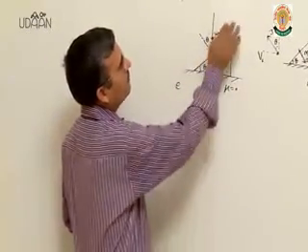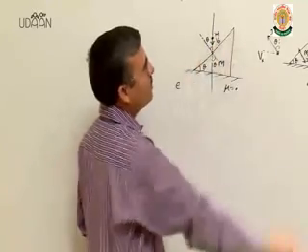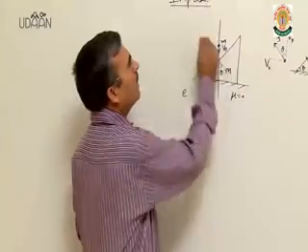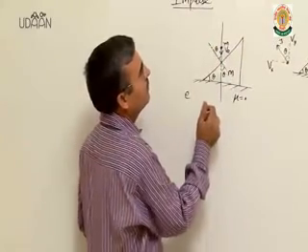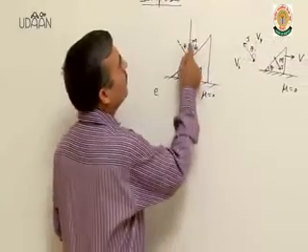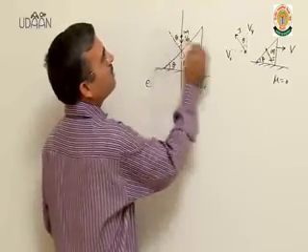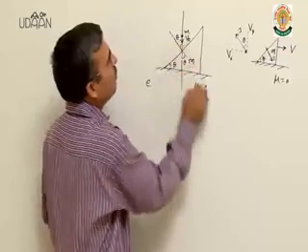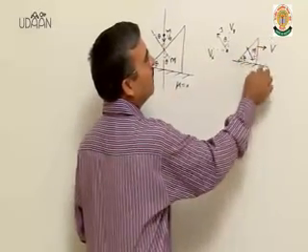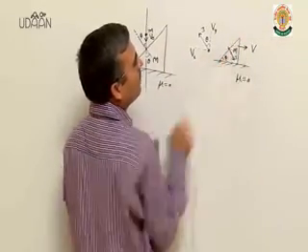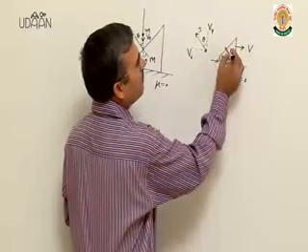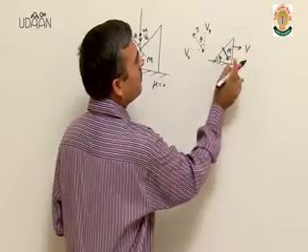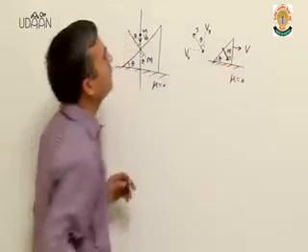Let the inclined face of the wedge be smooth, so impulse will be along the normal. So on the small m ball, impulse will be in that direction, and on the wedge along the normal, impulse will be in this direction. Clear? Okay.